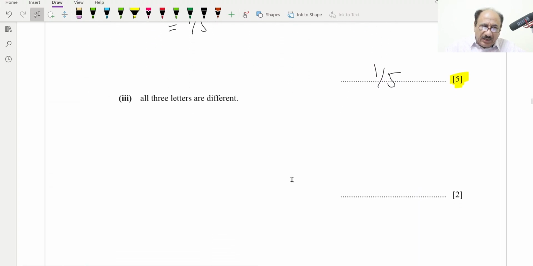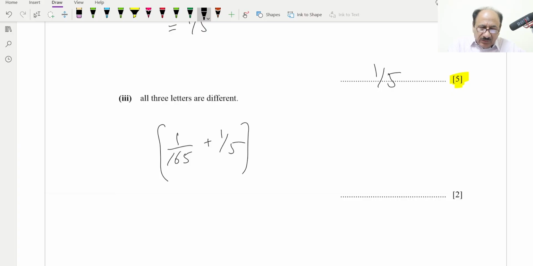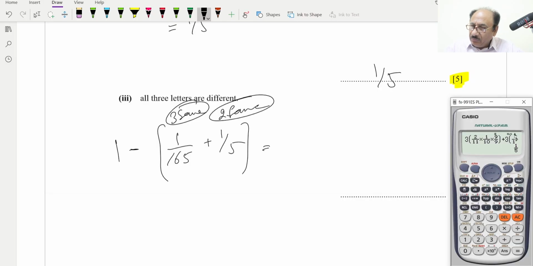So we can add these two probabilities, 1 over 165 plus 1 over 5. These two are the probabilities for two same and three same. This is 3 same, and this is 2 same probabilities. So these two we will be adding and subtracting from 1, and we will get the remaining probability.